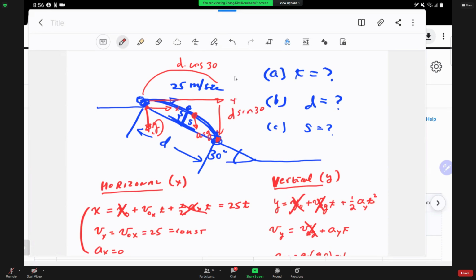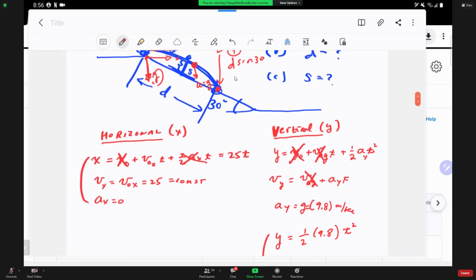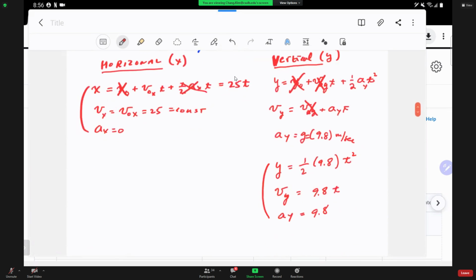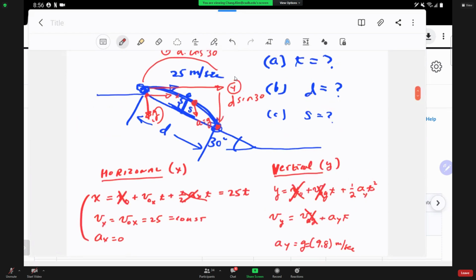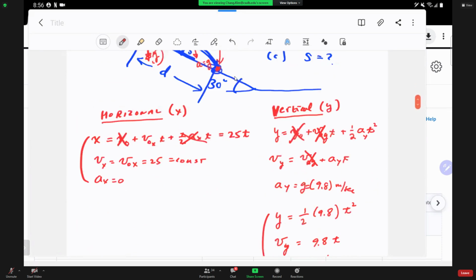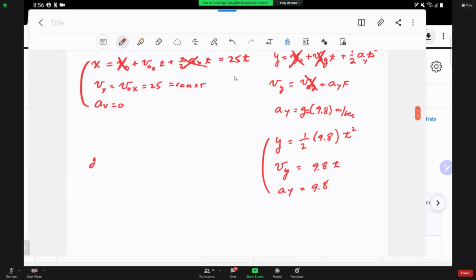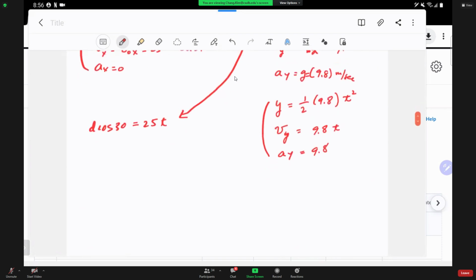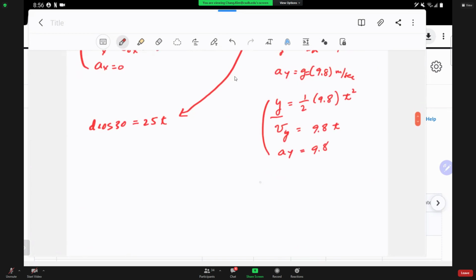So this is y, this would be x coordinates. So x, when it lands here, is d cosine of 30 is equal to 25t. So that's coming from this equation. Y, it traveled d sine of 30 is equal to 9.8 divided by 2 t squared.